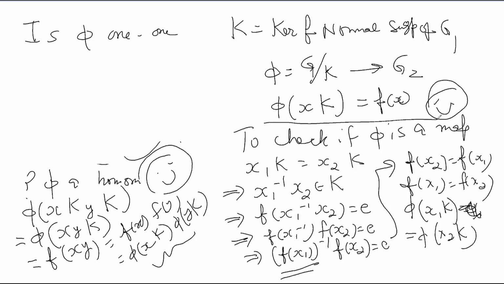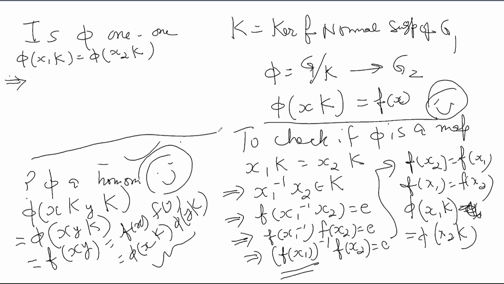Phi is defined right here. So 1-1 will mean what? If I have phi of x1K equals phi of x2K, then x1K will have to be the same as x2K. Okay, so what will this give us?